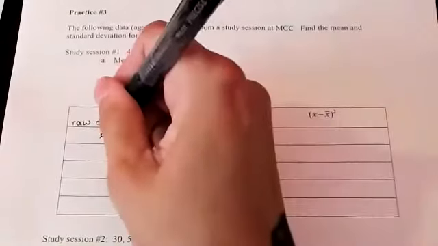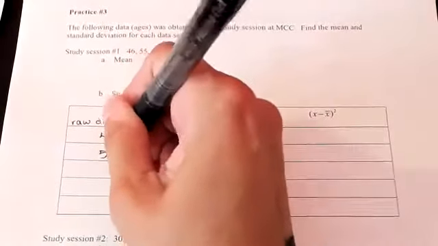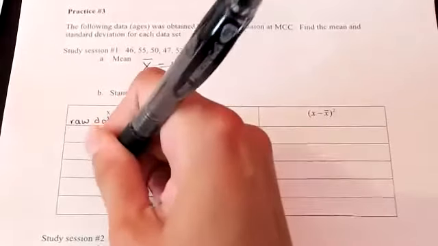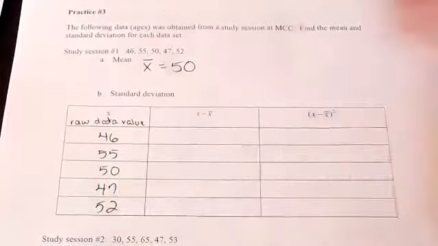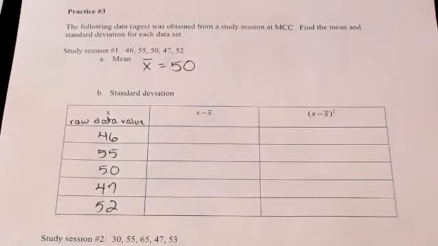So we have a 46, we have a 55, we have a 50, we have a 47, and we have a 52. Okay, those are the raw data values. You simply list them in the chart. You're probably wondering, do they have to be in order? Clearly they don't. It's helpful, but it really doesn't make a difference because either way you're going to sum the entire column eventually. So I wouldn't even worry.